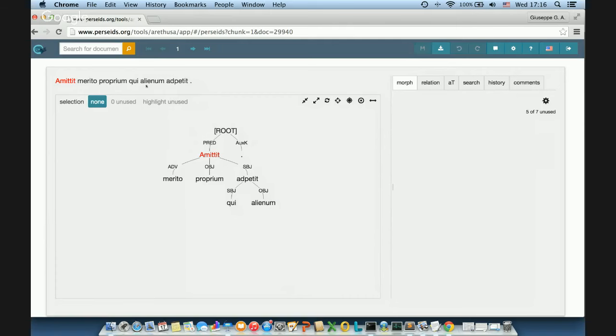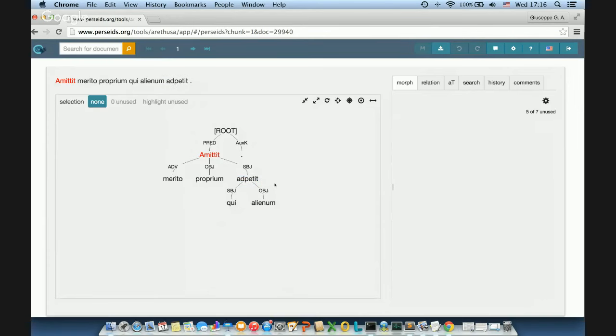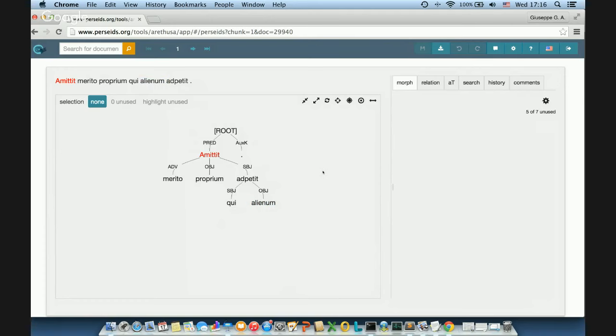Then we go on and we take the subject of the verb of the relative clause, and we attach it to the verb itself, and then again we go on with the object here, and similarly we attach it to the verb, and we assign, of course, a different syntactic label. Alienum is the object, so this is why I go here, and I select the right label, in this case the object.